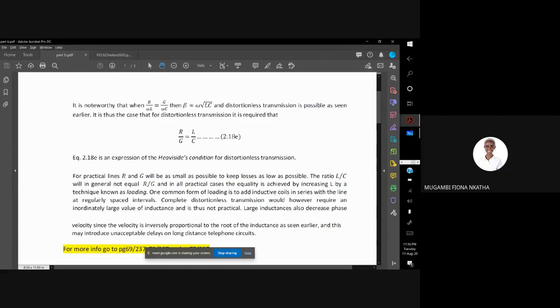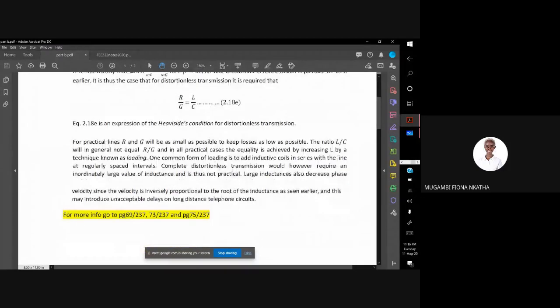We're going to see all these things in the question. Just check page 69, page 73, and page 75 for more information on distortionless transmission. What you need to know is R over G should be equal to L over C for distortionless transmission. That's the Heaviside condition.